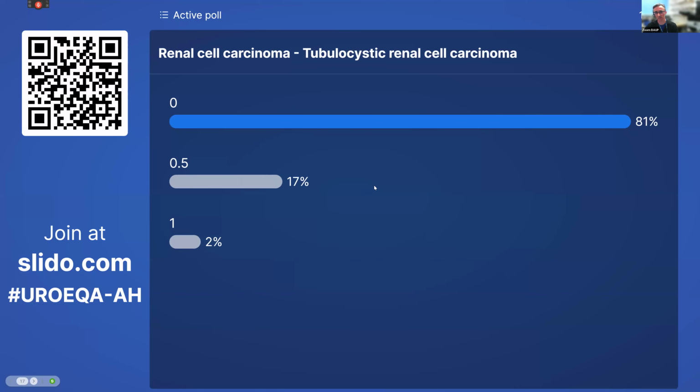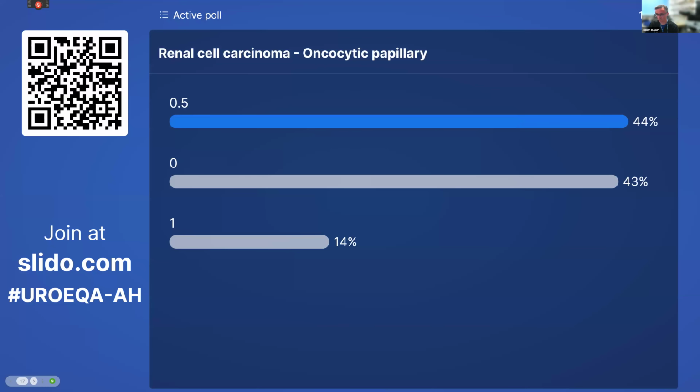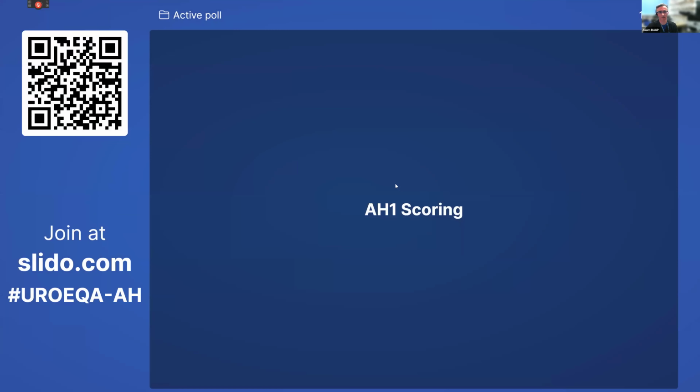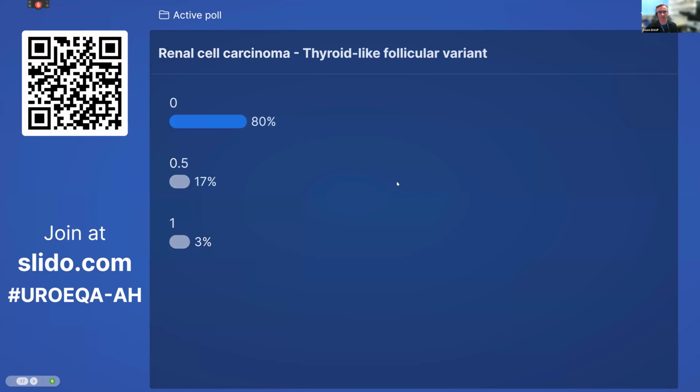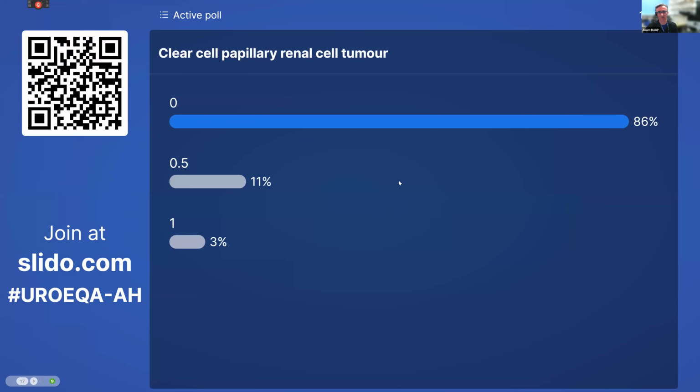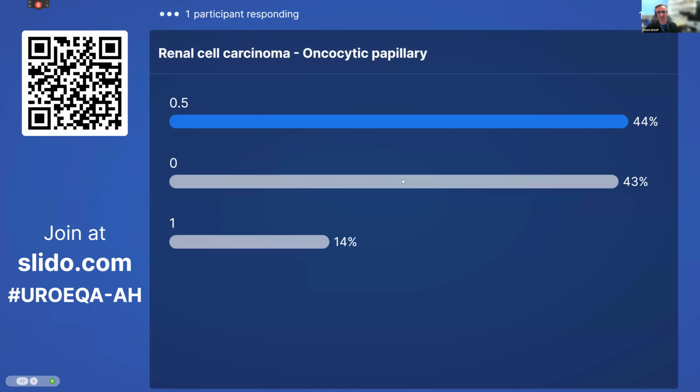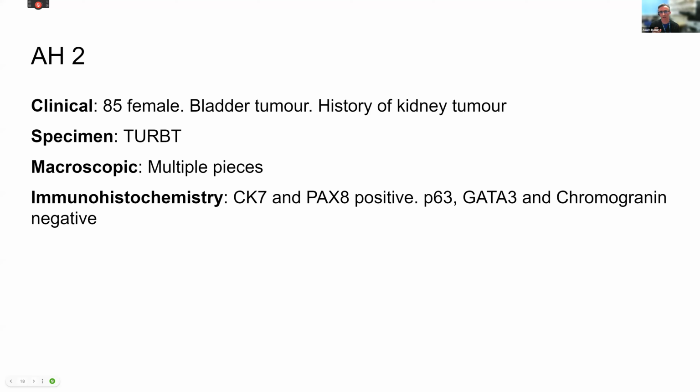Tubular cystic, 0. And oncocytic papillary, 44. Oh, let me just go back. Apologies for that. Let me just go through that once more. So 0.5, dead heat. I think we'll be generous, 0.5.